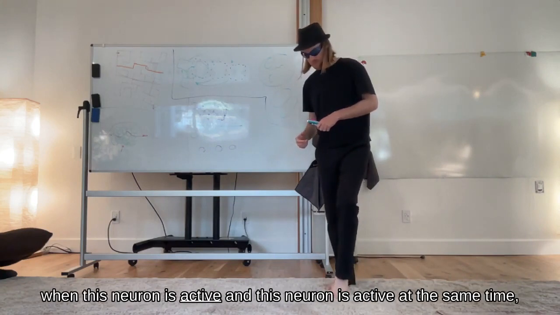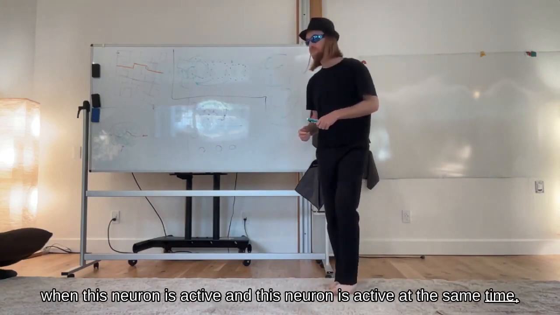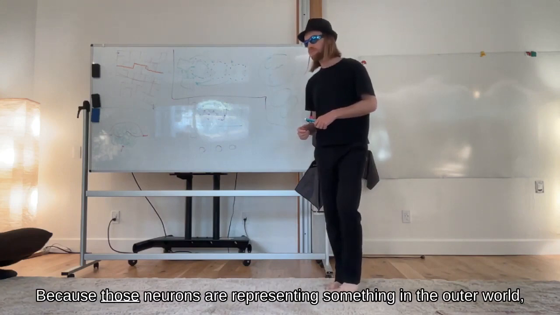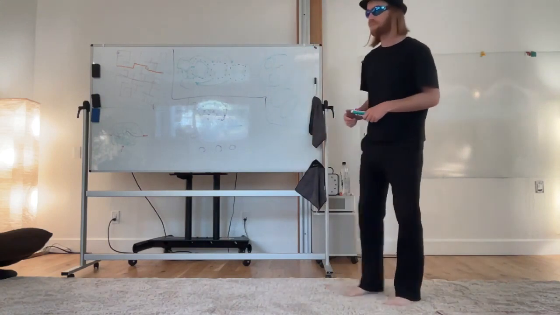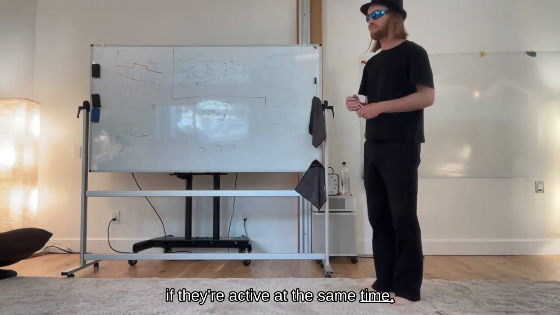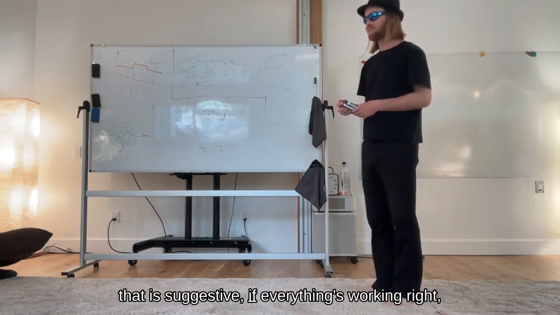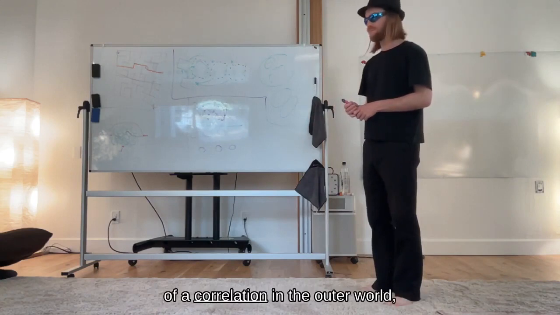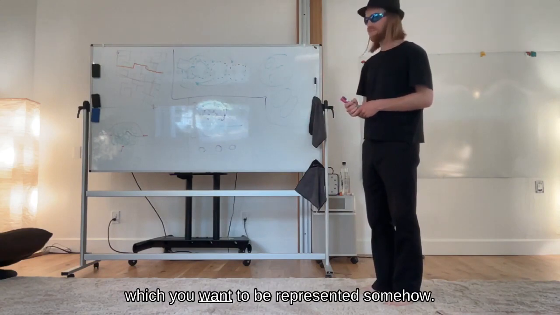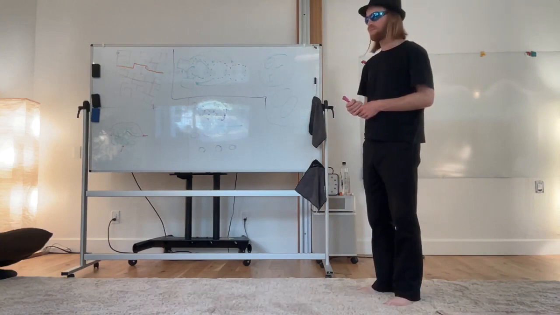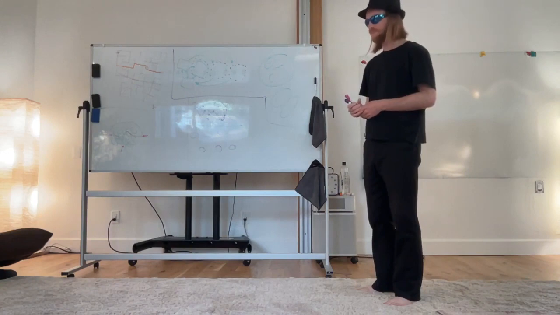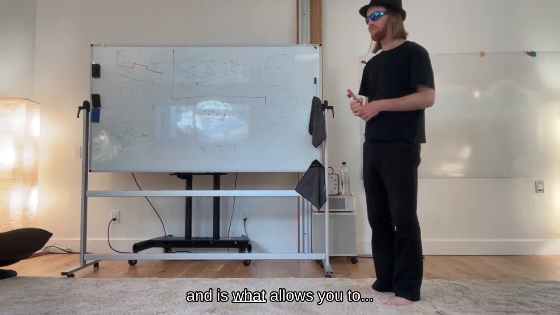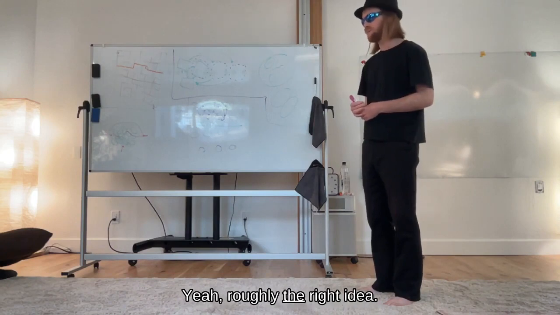When this neuron is active and this neuron is active at the same time, that is a correlation. Because both those neurons are representing something in the outer world, if they're active at the same time, that is suggestive, if everything's working right, of a correlation in the outer world, which you want to be represented somehow. Representing that correlation is what it means to learn. Yeah, roughly the right idea.